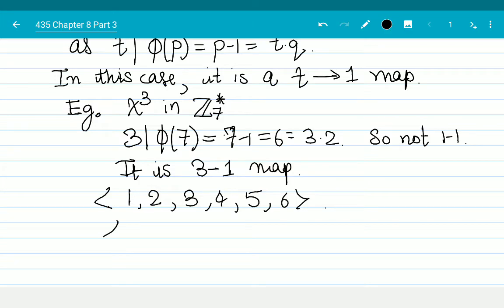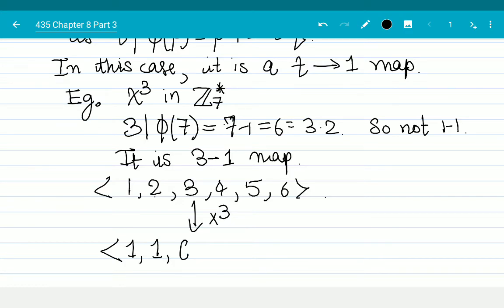Let us look at their cubes. 1 cube is 1. 2 cube is 8, which is also 1. 3 cube is 27, and 21 is divisible, so this is 6. 4 cube is 64. 63 is divisible, so 1. 5 cube is 125. 126 is divisible, so this is 6.